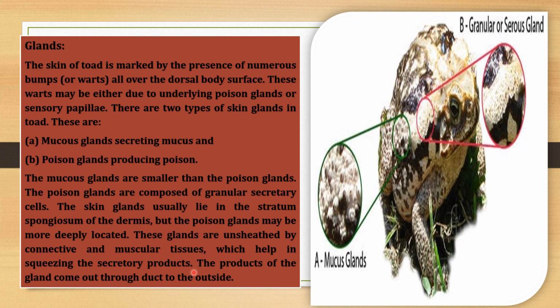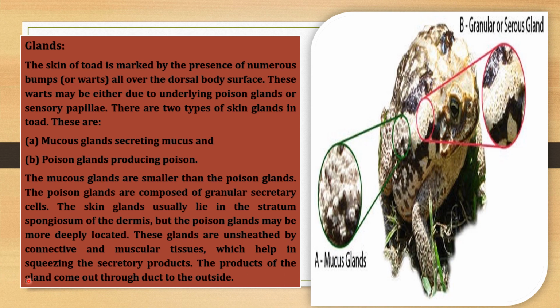That means muscular tissue is like a pichkari in Holi. They actually squeeze like this. They used to squeeze the secretory products. That means if the mucus is coming from a mucus gland or poison used to come from a poisonous gland, this muscular tissue helps in that type of squeezing.